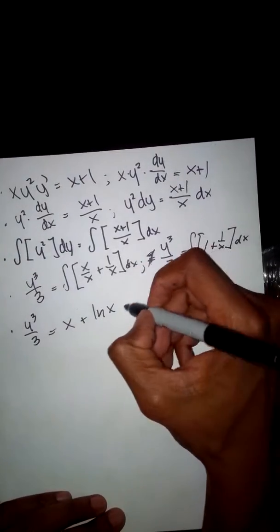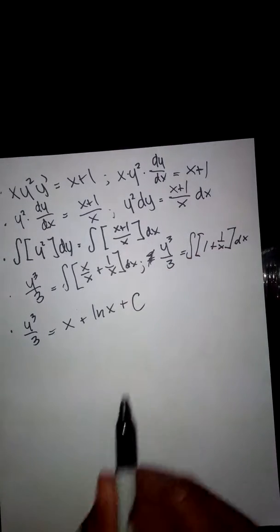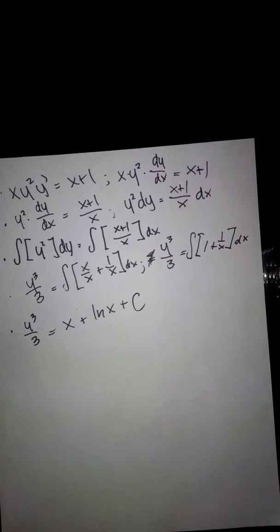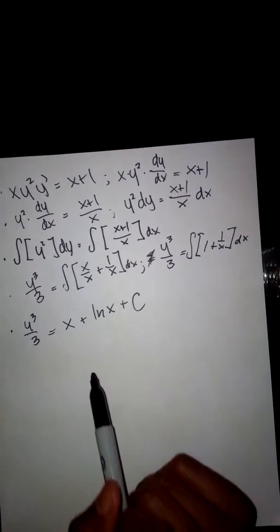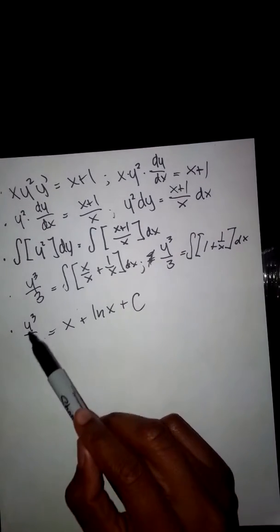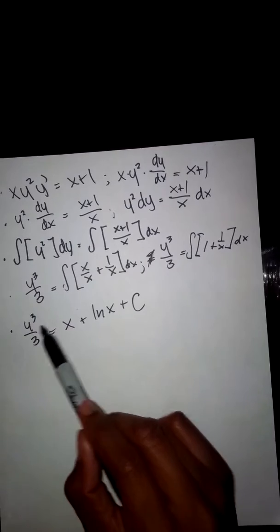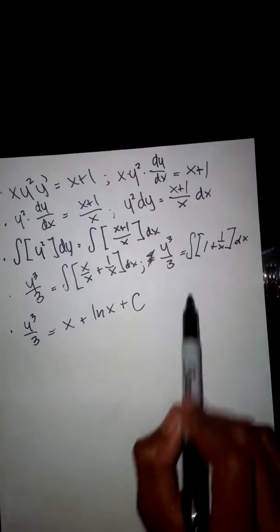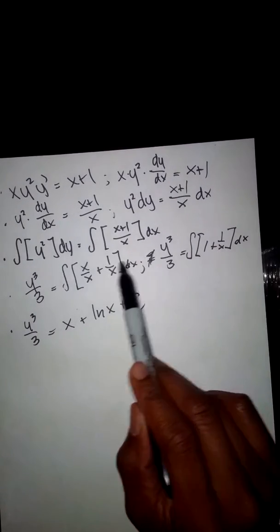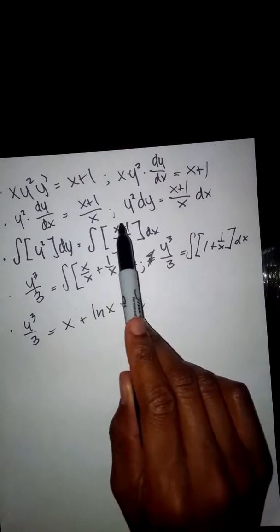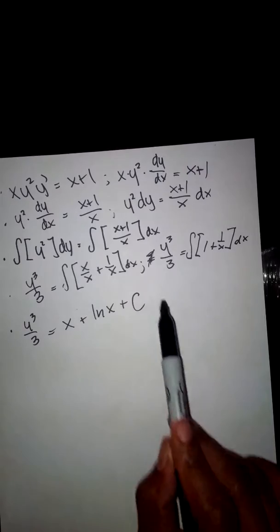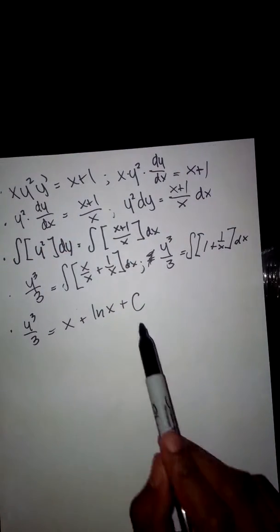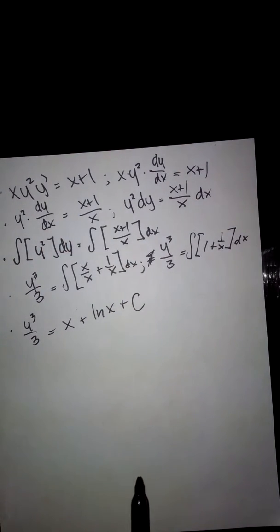But what I'm going to do is add the plus c over here on the right side, and this is going to account for the constants of all three integrals, okay? So the constant that I get from integrating this term, x over x and 1 over x, is all going to be held inside one constant c here, okay?